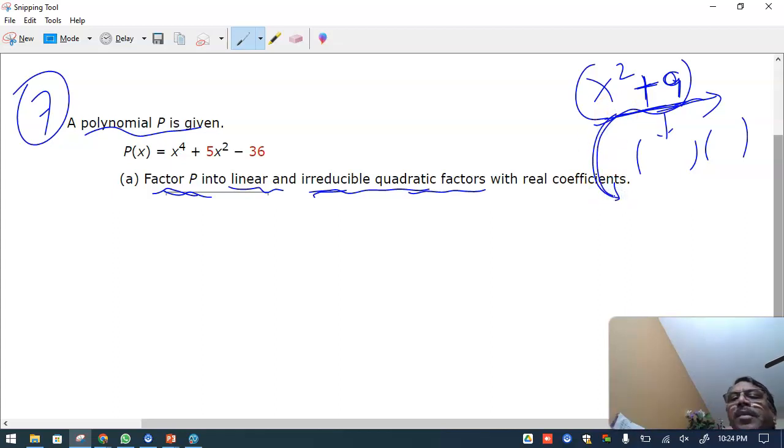So these are with real numbers as coefficients. That's a mistake there; this should be numbers here. That means this is the number plus 9.